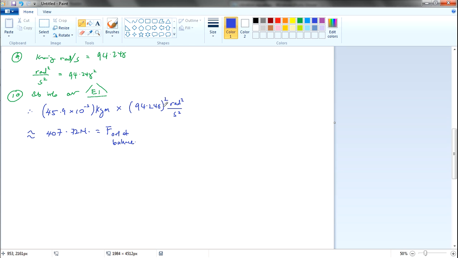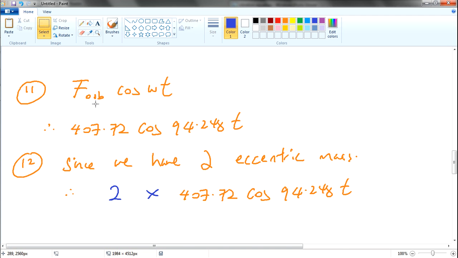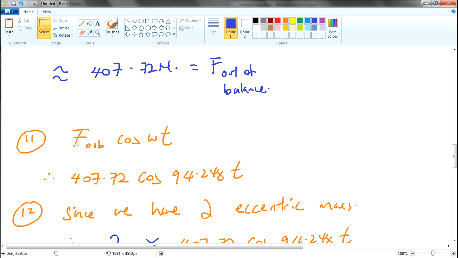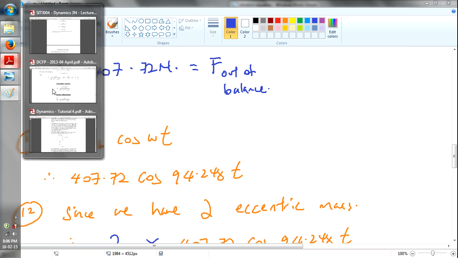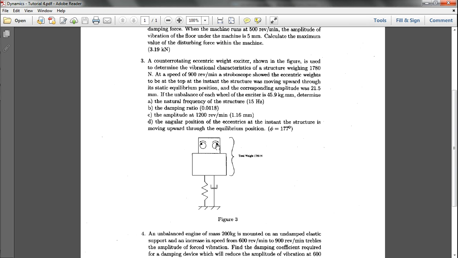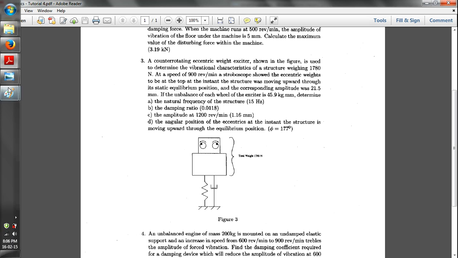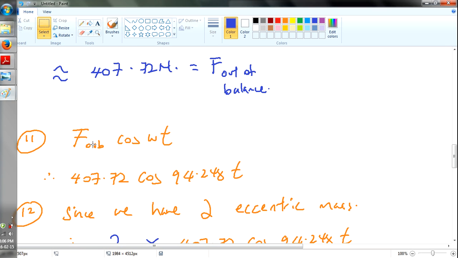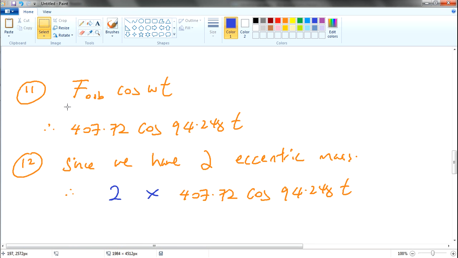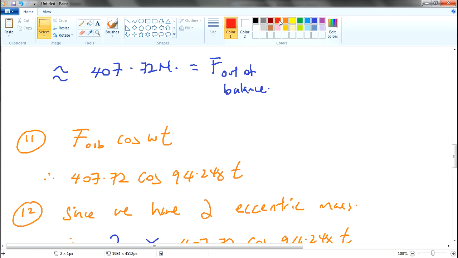So in our case the forcing function, which is the force out of balance, is multiplied by cosine omega t due to the turning of the shaft itself. So therefore we have this value. How do we get this?